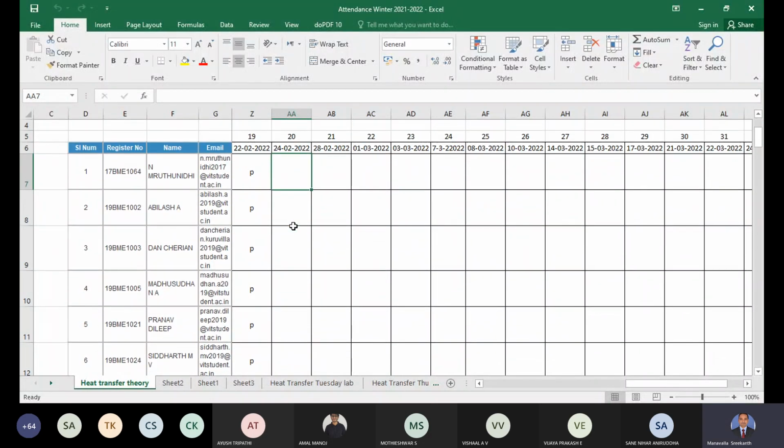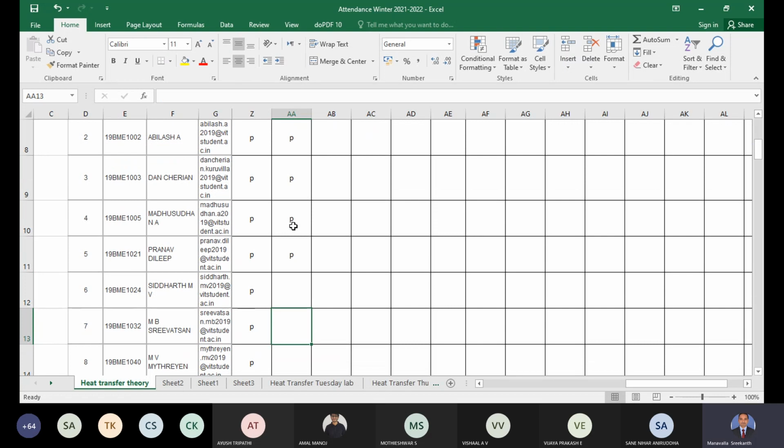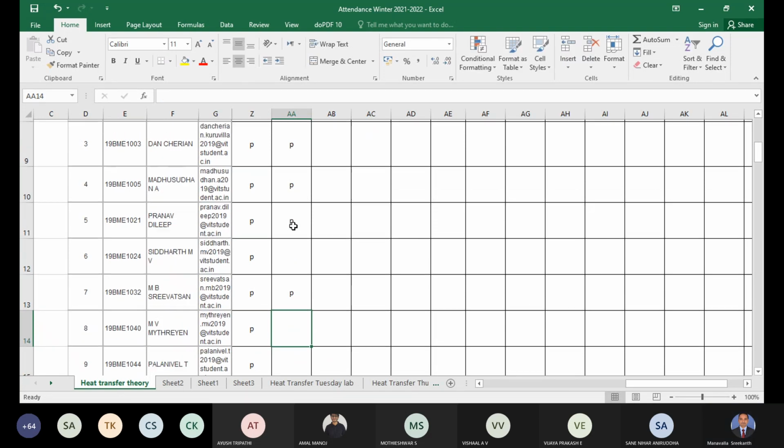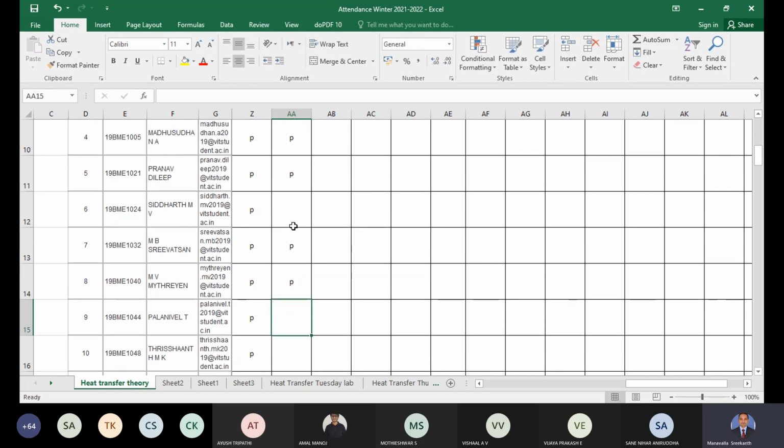Your attendance. Mrutunidhi, present, sir. Dilip, present, sir. Srivatsan, yes, sir. Mitrayan, present, sir.